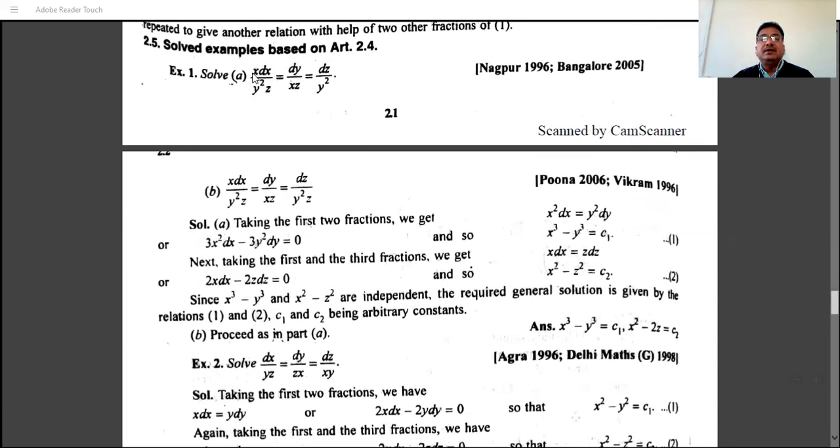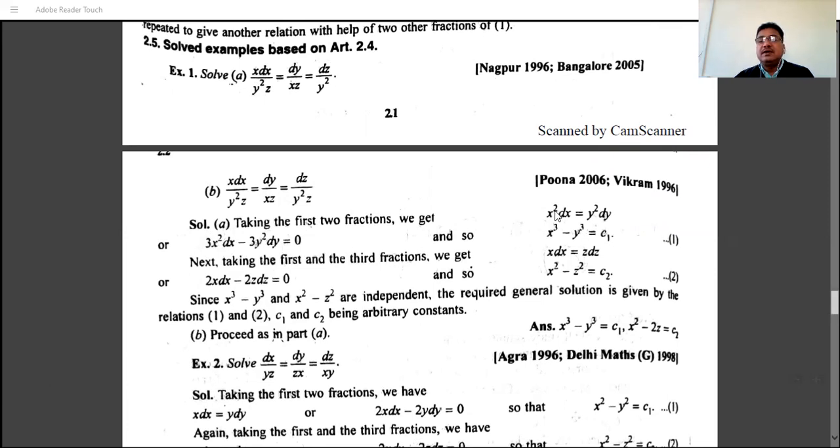We have x dx by y square, dy divided by x, and then after separating the variables, we have x square dx is equal to y square dy, that is, x square dx minus y square dy is equal to 0.